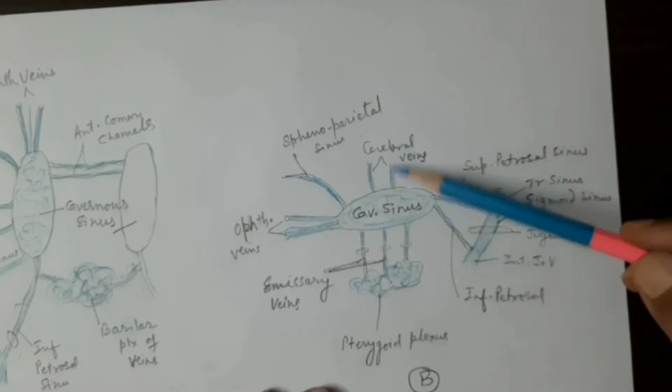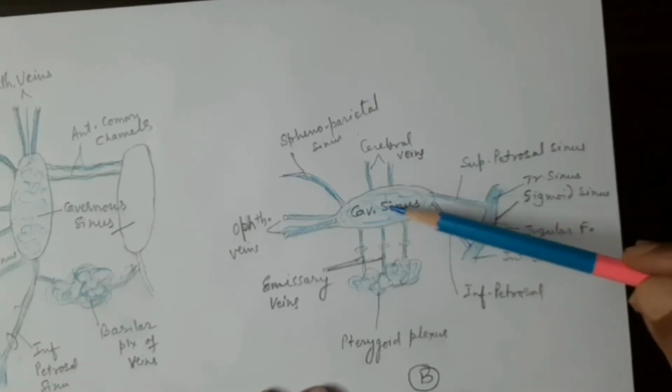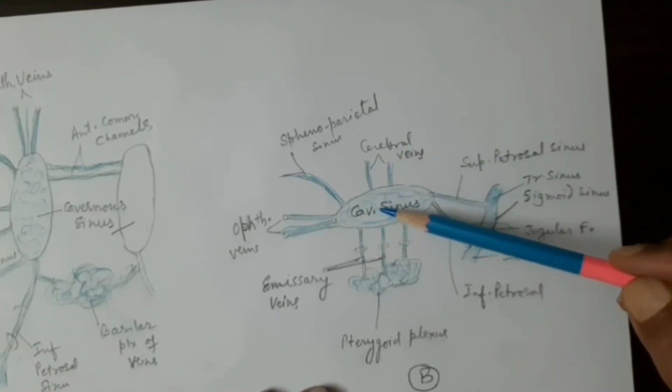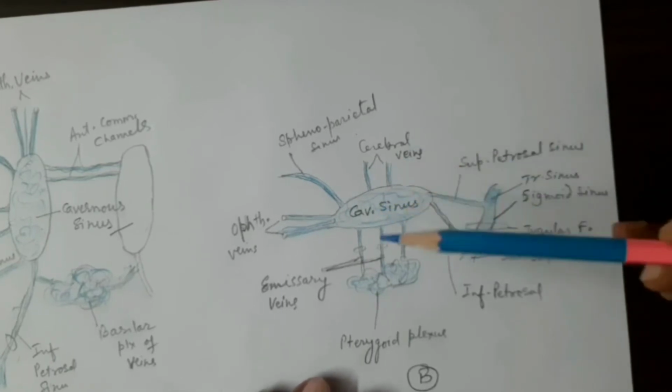These veins bring the blood to the top portion of the cavernous sinus or onto its lateral surface.